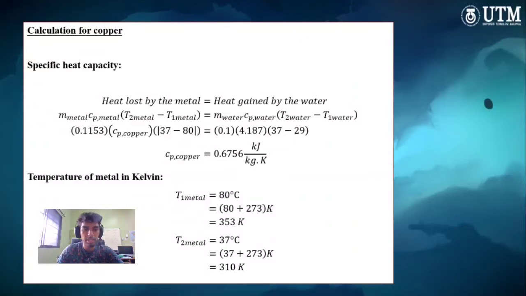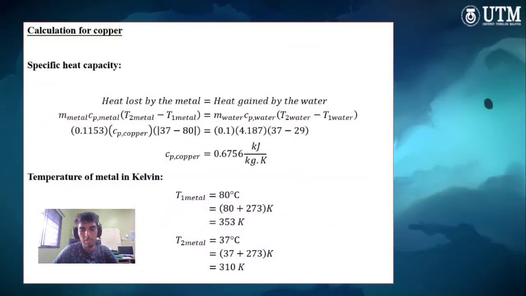After specific heat capacity is obtained, we can calculate the entropy change of metal. The formula is given by the mass of metal times the specific heat capacity of the metal, and then times the ln of the final temperature, or T2, divided by the initial temperature, or T1.